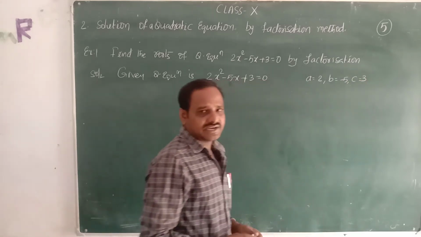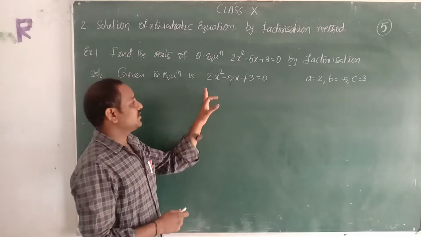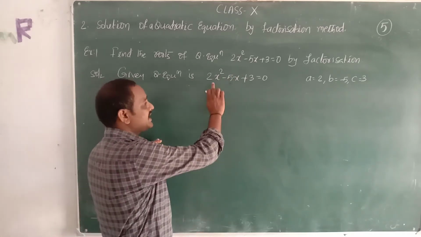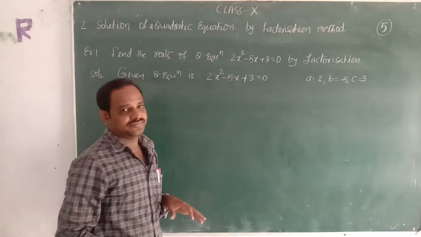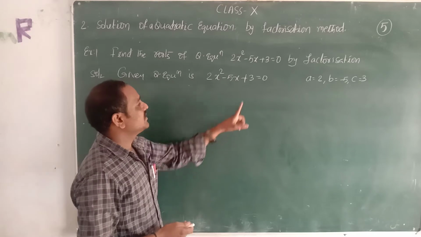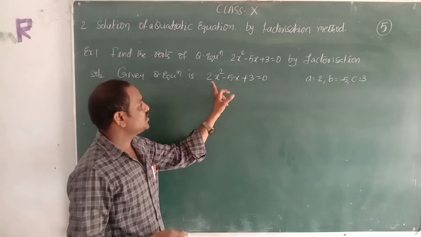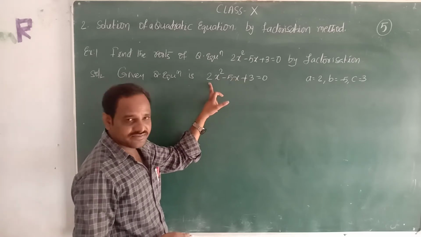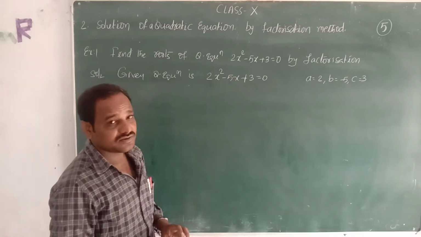So why do we have to take it like this? Here, if the equation is of the form directly x square minus 5x plus 3, we are able to do it directly. But in case the equation is of the form 2x square minus 5x plus 3, here the value of a is given. So what we have to do?